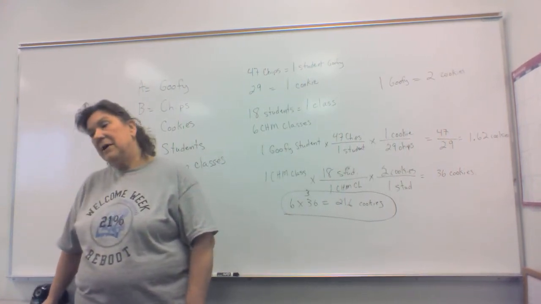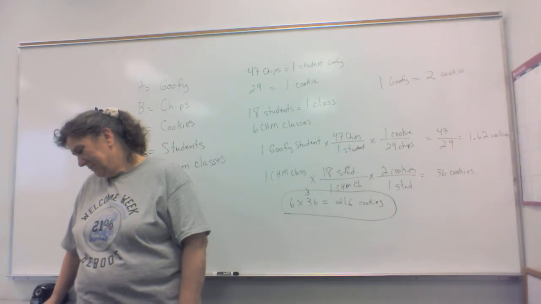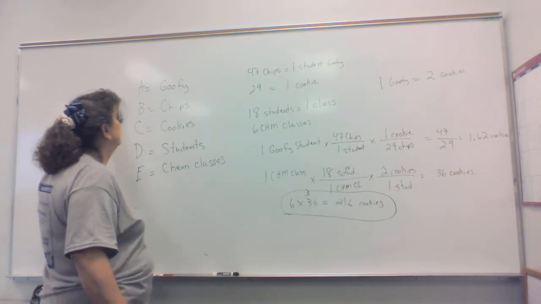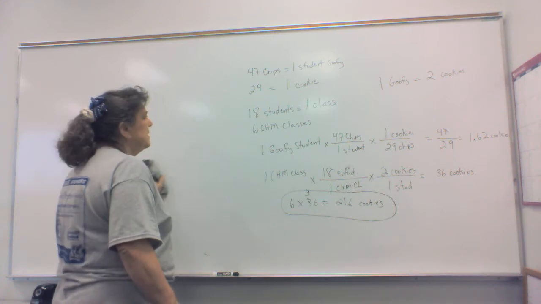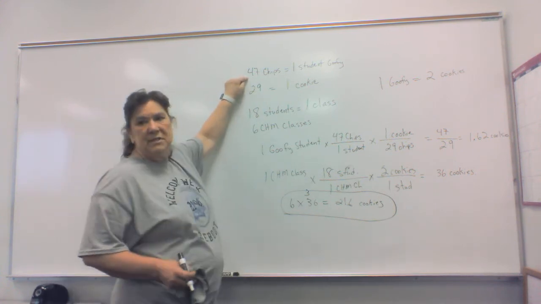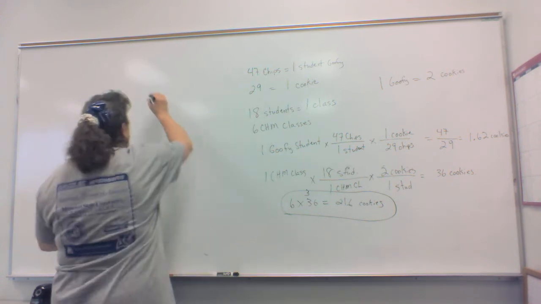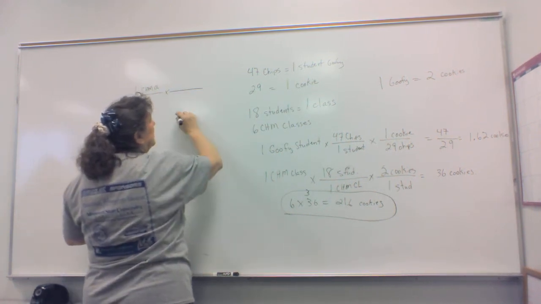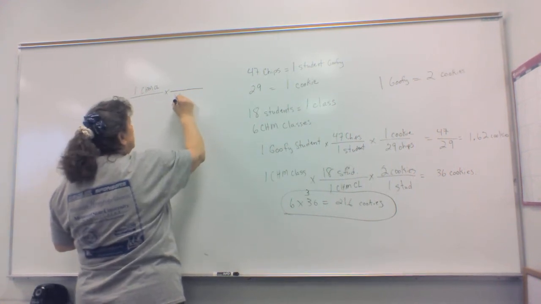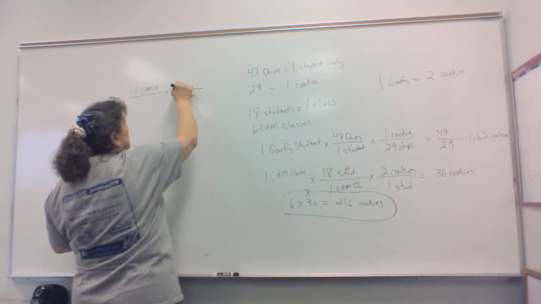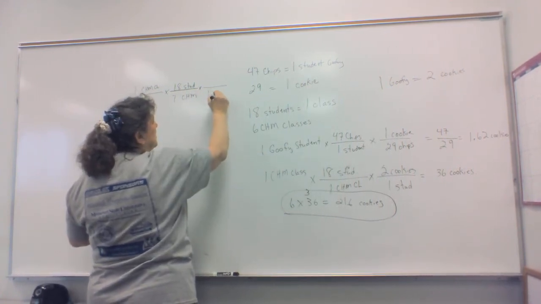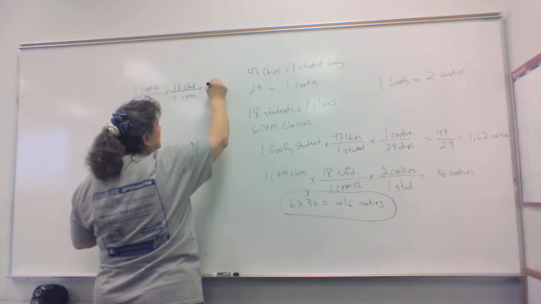We could do it another way. We could look at the idea of the chips. Remember, it says that it takes 47 chips to make a student goofy. So 1 chem class times, it's going to be 18, 1 chem class has 18 students times 1 student on the bottom is 47 chips.